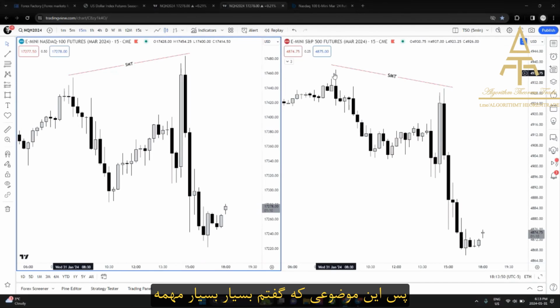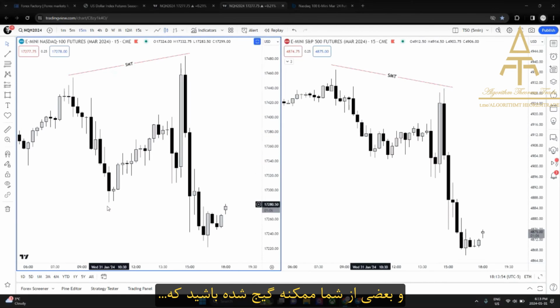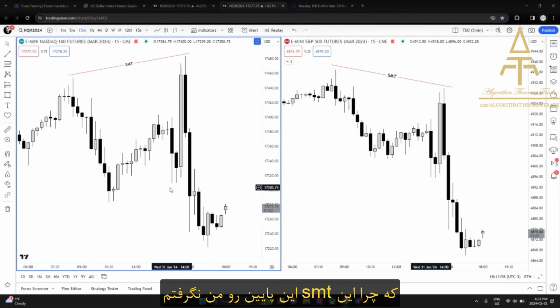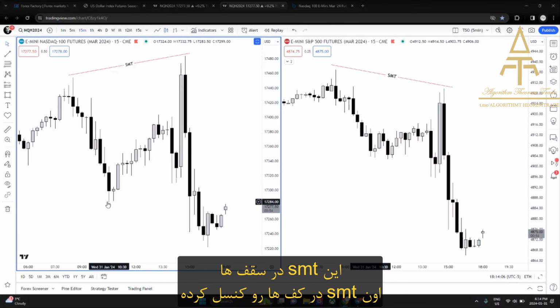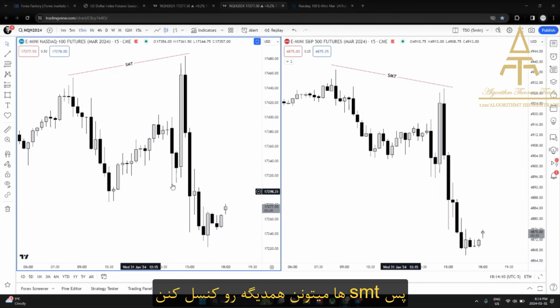So this is very, very important, right? And some of you guys are probably confused this morning as to why there was SMT here, but price didn't continue to go higher. This SMT canceled this one. So SMT can cancel SMT, right?